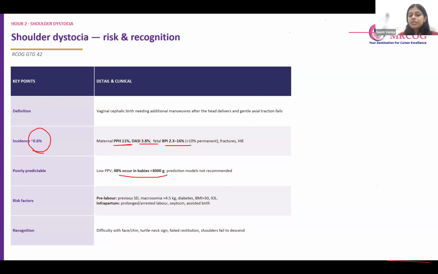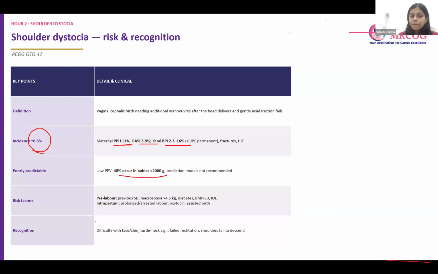Some of the risk factors which have been identified are pre-labor risk factors like previous shoulder dystocia, macrosomia more than 4.5 kg, diabetes, BMI more than 30, or induction of labor. Wherever these are present, you have to be on the lookout for shoulder dystocia. Or during labor, if the labor was prolonged or arrested at any point of time, oxytocin has been used, assisted birth, then also it is a risk factor.